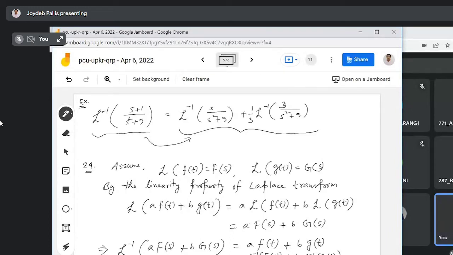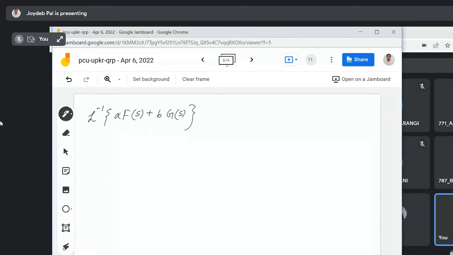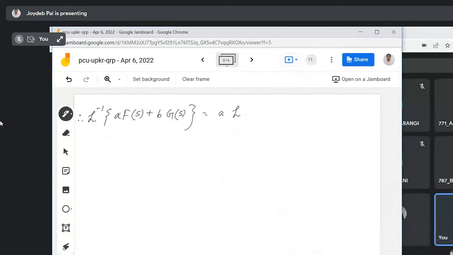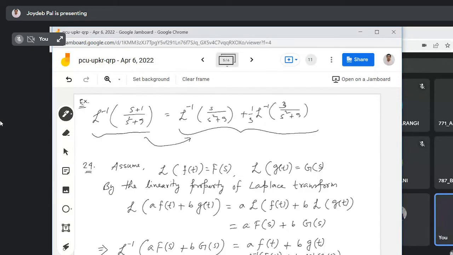By using the linearity property of Laplace transform, we can prove it. Therefore, we are done actually. ये लिखने की जरूरत नहीं है, वहां पे तो ऑलरेडी लिख ही दिया है. Hence proved. So that is the proof. And since Laplace inverse is following the linearity property, that is why we can solve that type of problem.